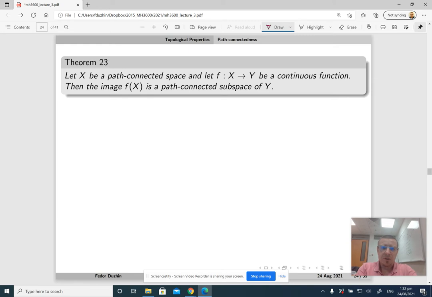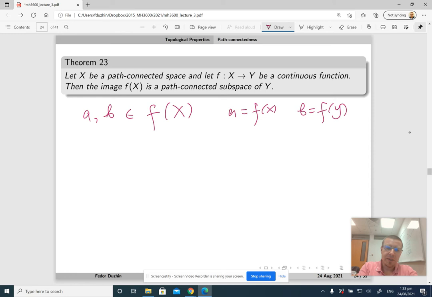Suppose that 2 points a and b belong to f of X. It means that a is f of x and b is f of y for some x and y in X.